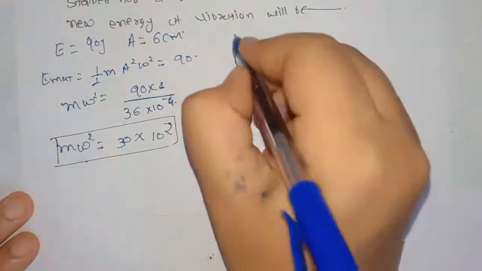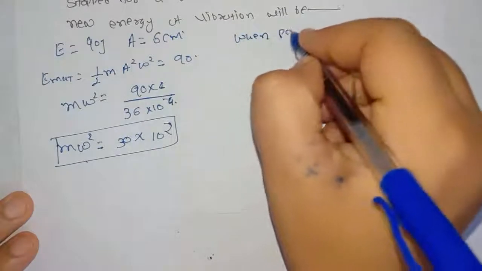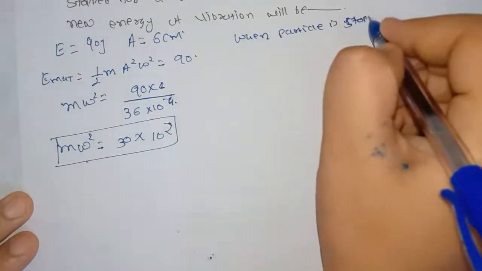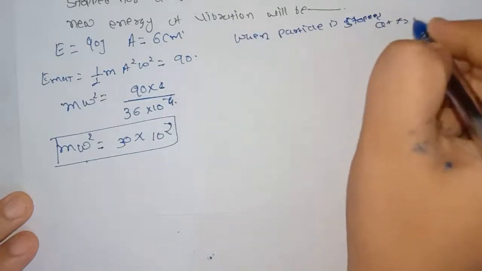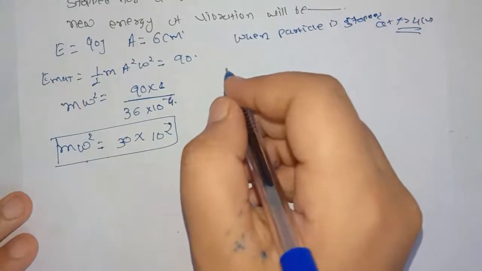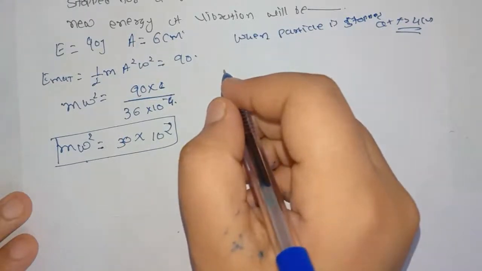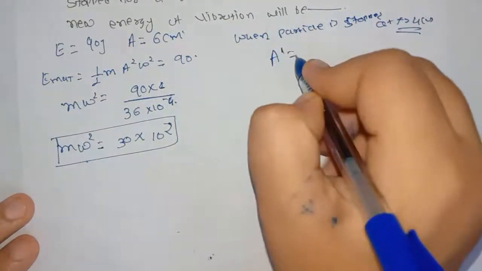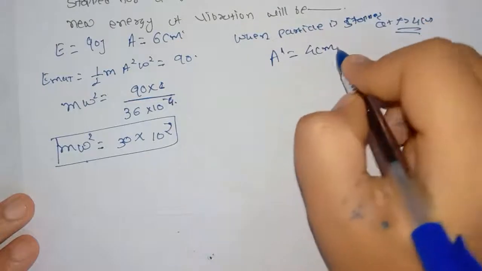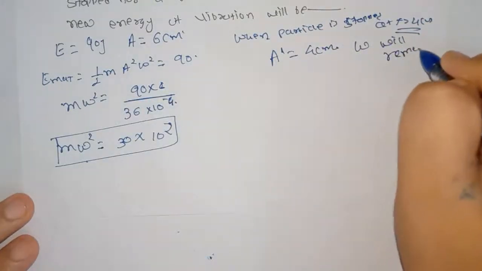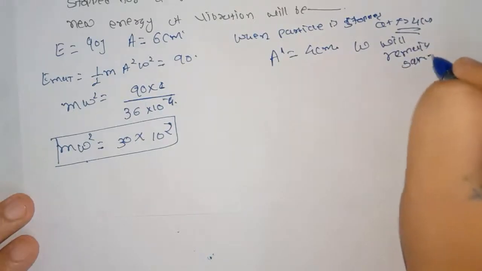Now, when the particle is stopped at x equals 4 centimeter, the new amplitude A dash will be equal to 4 centimeter, but the angular velocity omega will remain the same.